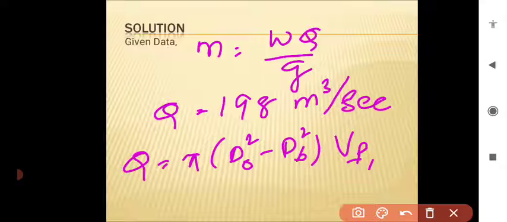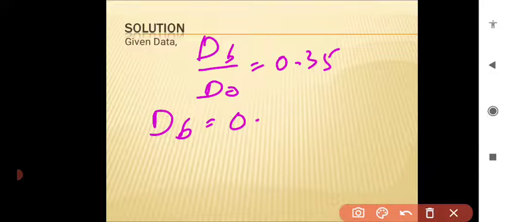Substitute all the values in this equation. We know the ratio of the diameter of the hub to the outer diameter is 0.35. So the diameter of the hub is equal to 0.35 into the outer diameter.